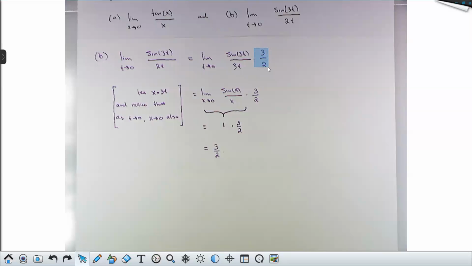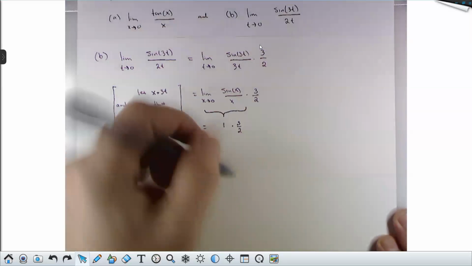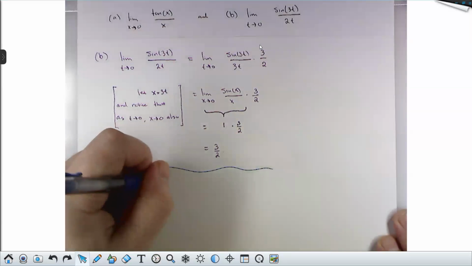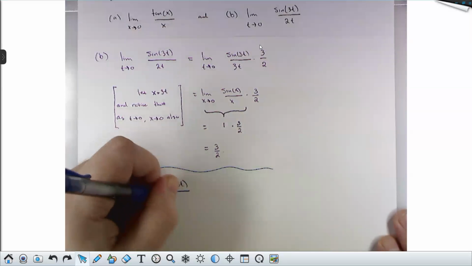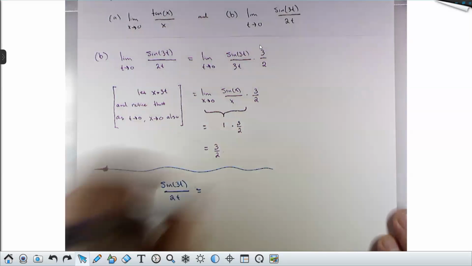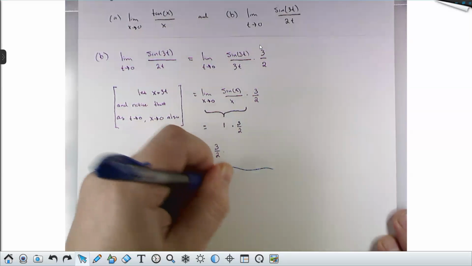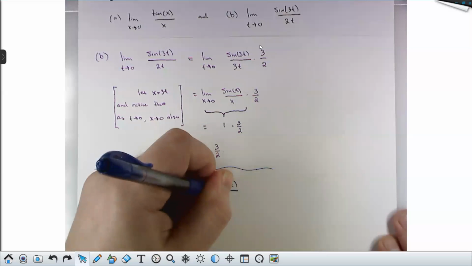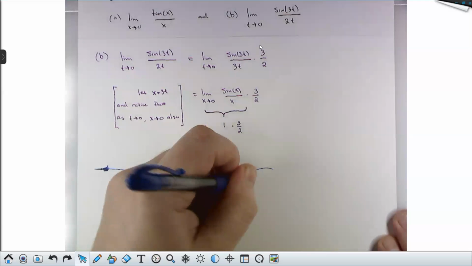So here, where did this 3/2 come from? Or here? Yeah, so what I've done here, I multiplied and divided by 3. I can make the algebra a little more explicit. So forget about the limit for a second. Let's just talk about the algebra. Sine 3t over 2t is the same as sine 3t over t times 1 over 2.